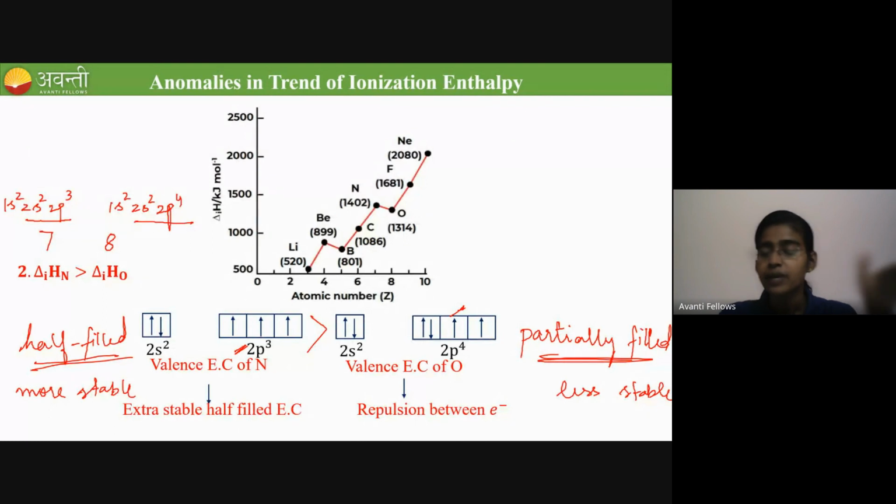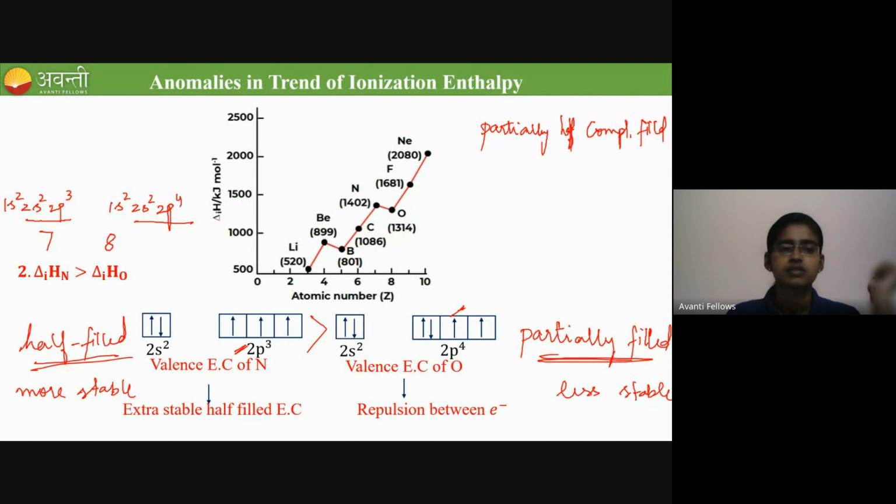If I compare all the three, completely filled, partially filled and half filled, which one will require the highest ionization energy value? You tell me when you compare these three. Any idea for anyone?